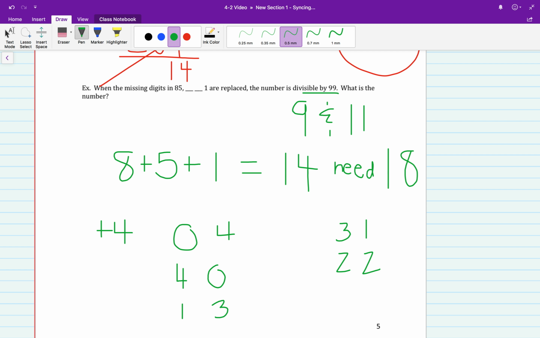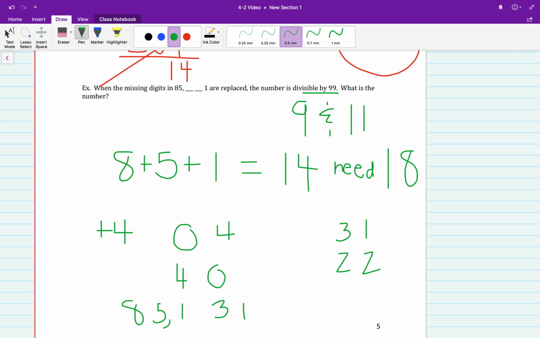Or I could have 85,401, filling in these blank spots. I'll write this one out, 85,131, or 85,311, or 85,221. So now instead of having 100 things to check, I only have 1, 2, 3, 4, 5. That's way easier.